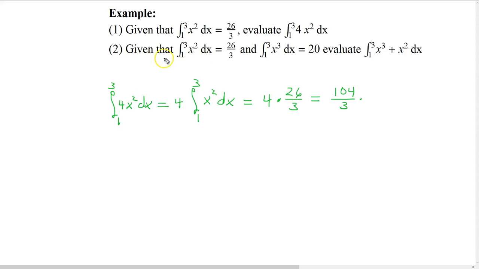Let's look at part 2. So we're given that the definite integral from 1 to 3 of x squared dx is 26 over 3, and the definite integral from 1 to 3 of x cubed is 20. Let's evaluate the definite integral from 1 to 3 of x cubed plus x squared dx. Well, by the theorem we just looked at, we can split this integral apart.